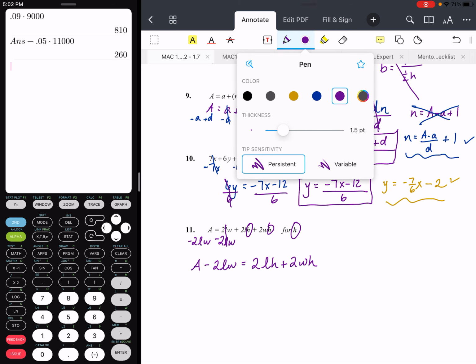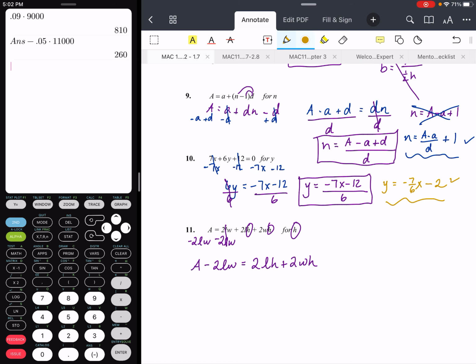All right, now this next trick is what I want you to use whenever you have 2 terms with your variable like we do now. So we have h appearing in both of these terms. So think about factoring. We're going to use a factoring technique here. And we're not technically going to pull out the greatest common factor.